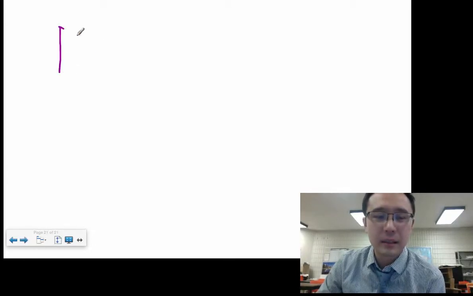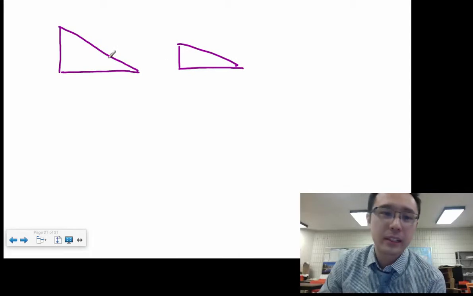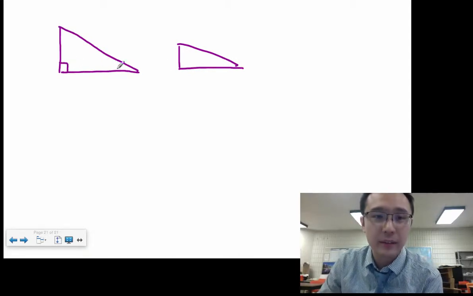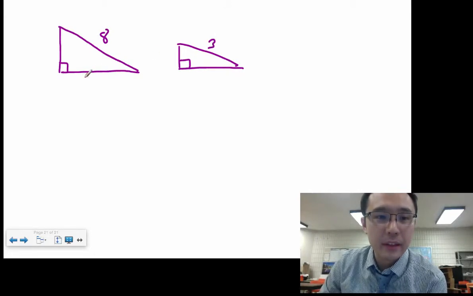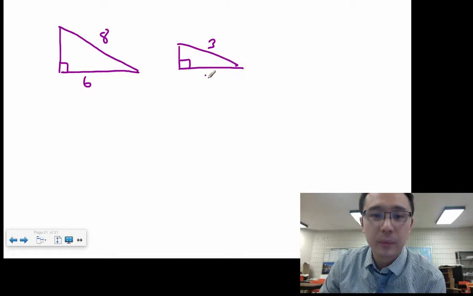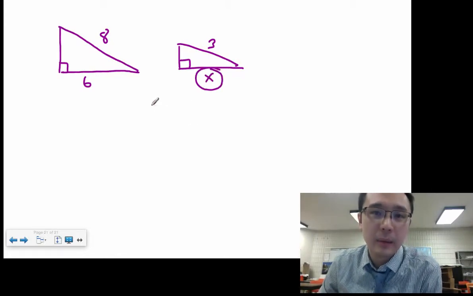One question that you might see with the proportion is having 2 similar triangles. I think we went through this in class. If you have this, how do we figure out this side? We can always put this in a proportion.